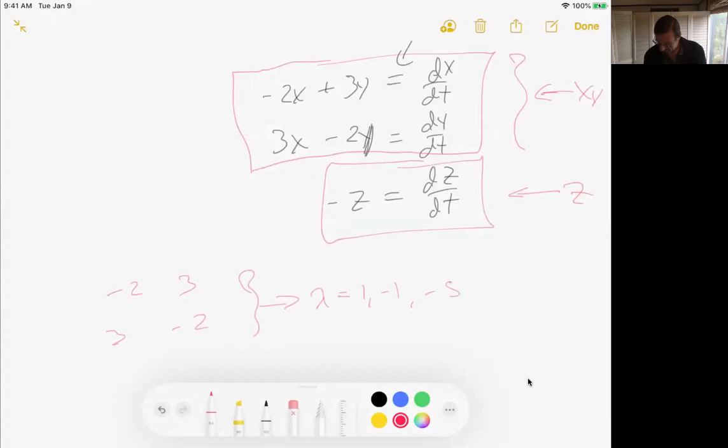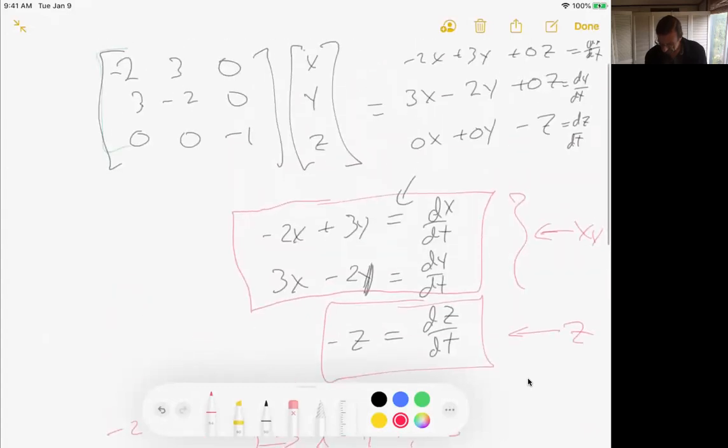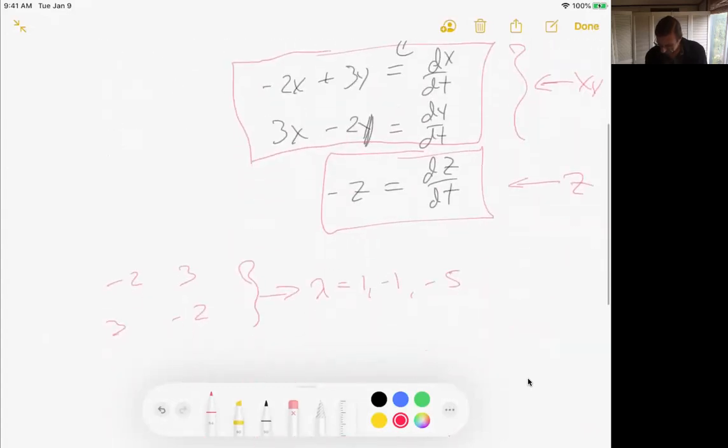That's for the original 3 by 3. I'm going to guess 1 and -5 were just this part of it, though. Right, because the -1 looks like it's coming from this part of it.